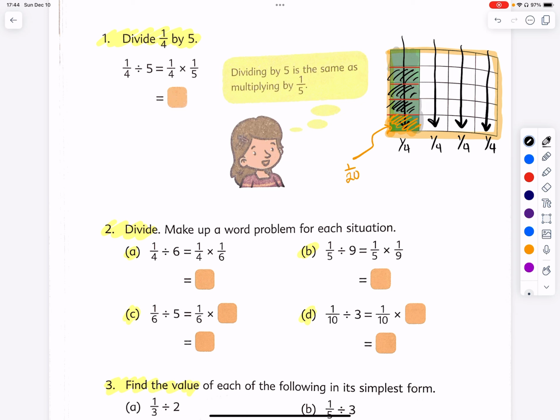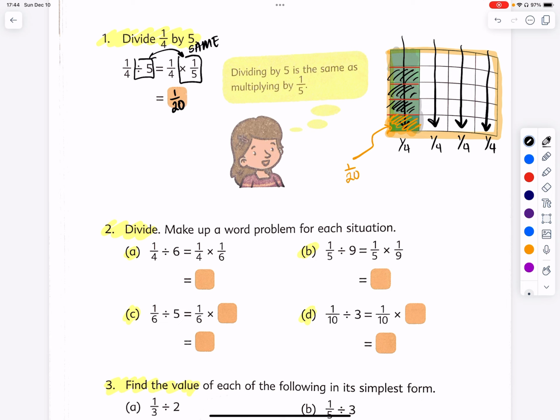Hence, to divide by 5 means to find 1/5. Just like I emphasized on the previous page, this is the same operation. And we know how to multiply two fractions from our previous videos. We result in 1/20.